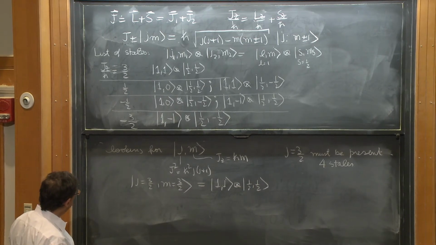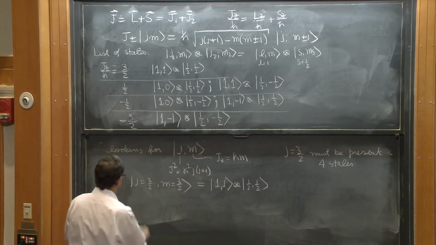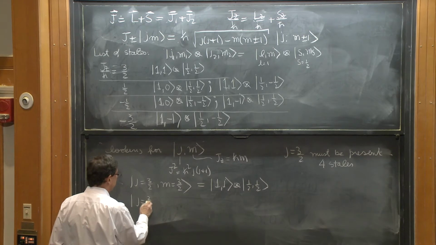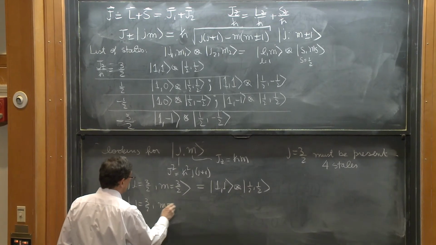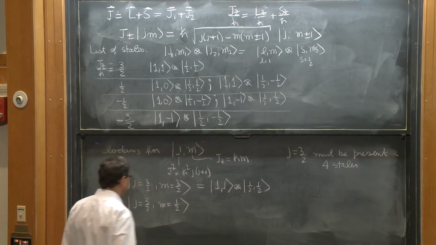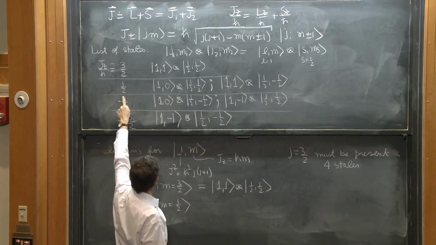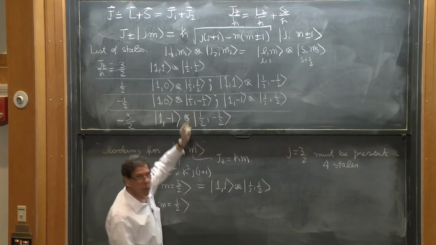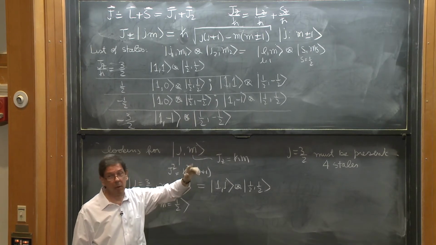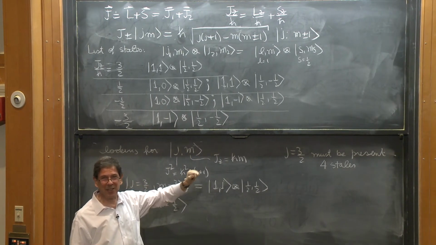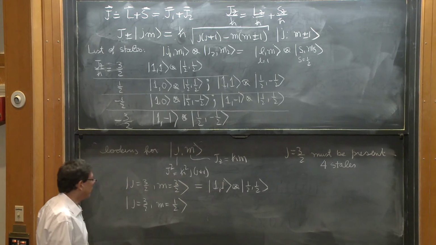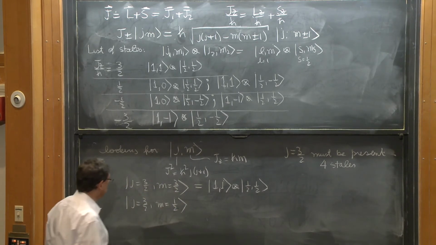Now, how about the state j equal to 3/2, m equal to 1/2? Well, that's a little more dicey because there are 2 states with m equal to 1/2, this and that. Which one is it? Well, most likely it's a linear combination. Otherwise, it just would be too trivial. And I don't know yet how to do that.